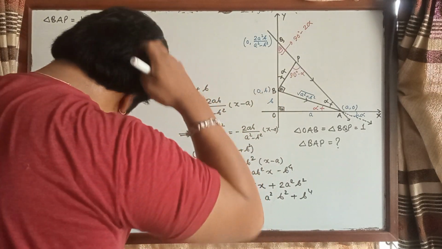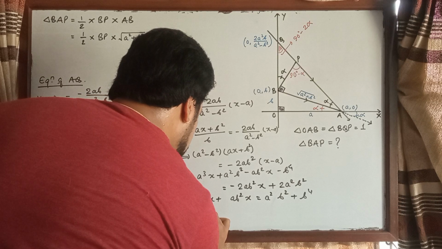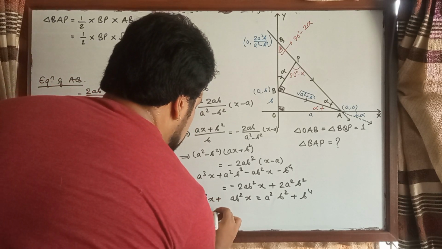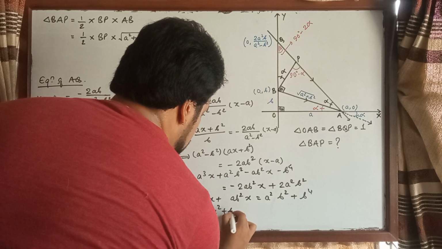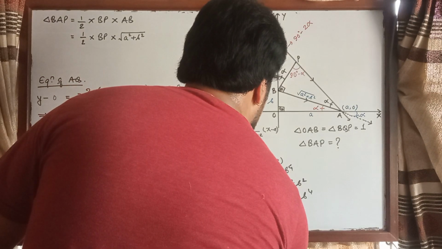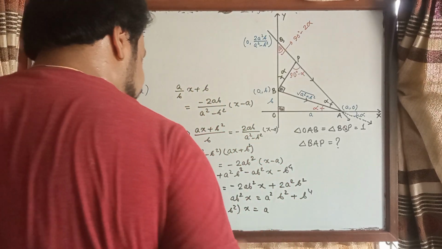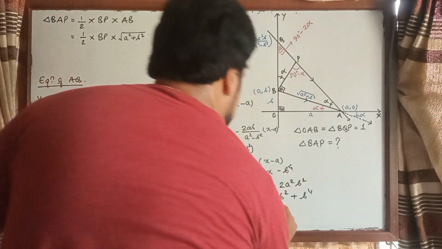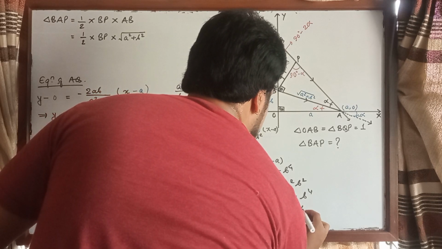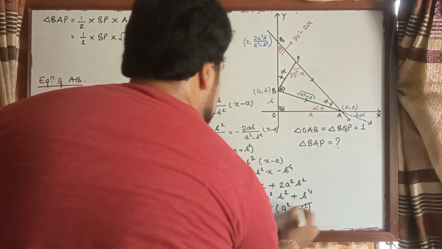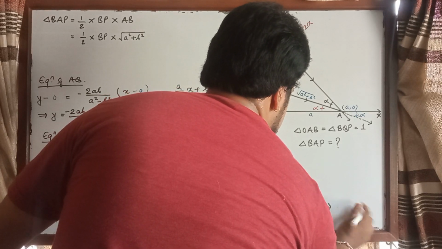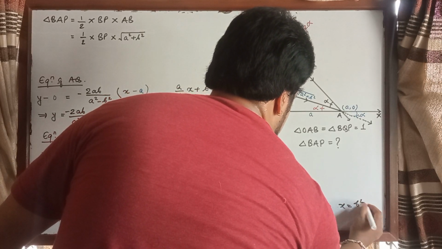So a common, a squared plus b squared, times x is equal to b squared times a squared plus b squared. We can cancel these two out, and we can say that x is equal to b squared over a.